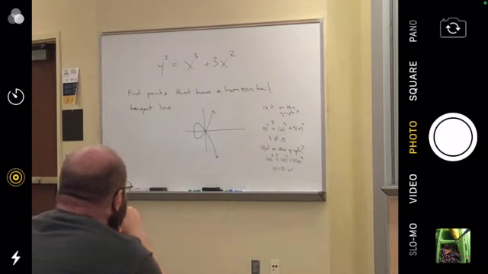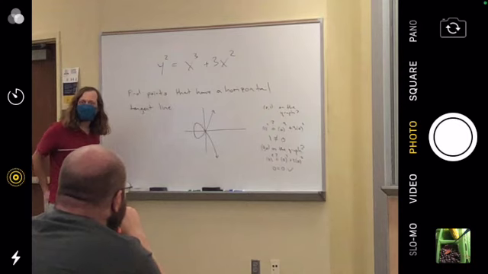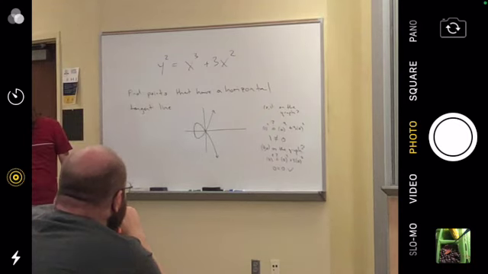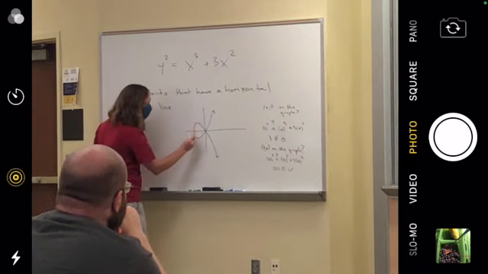Can I draw tangent lines? I want to know, where do I have a horizontal tangent line? You would guess right here and right here.